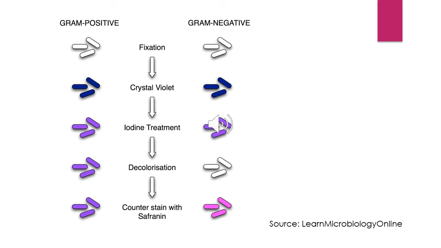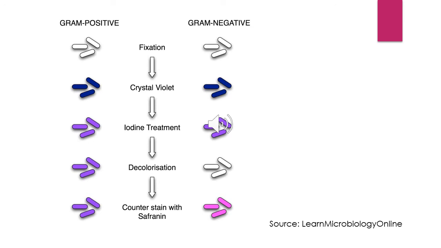You've learned from your lecture that there is a difference between the gram-positive and gram-negative cell wall. The gram-positive, having the thicker peptidoglycan, retains the primary stain, which is crystal violet, while the gram-negative organism has a thinner peptidoglycan layer and retains the counterstain, which is safranin.